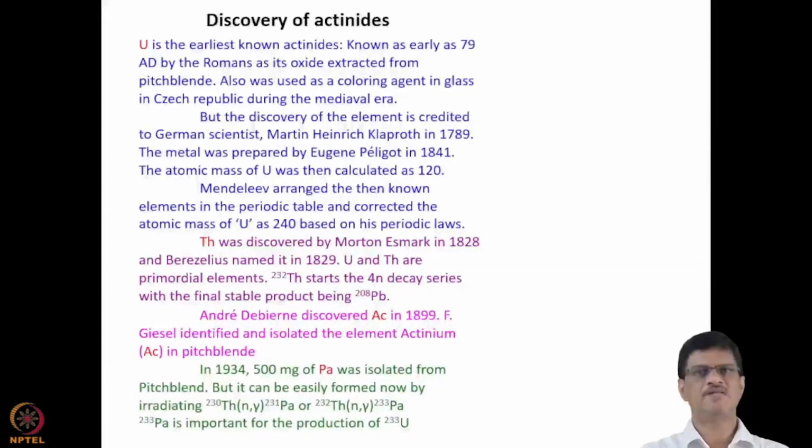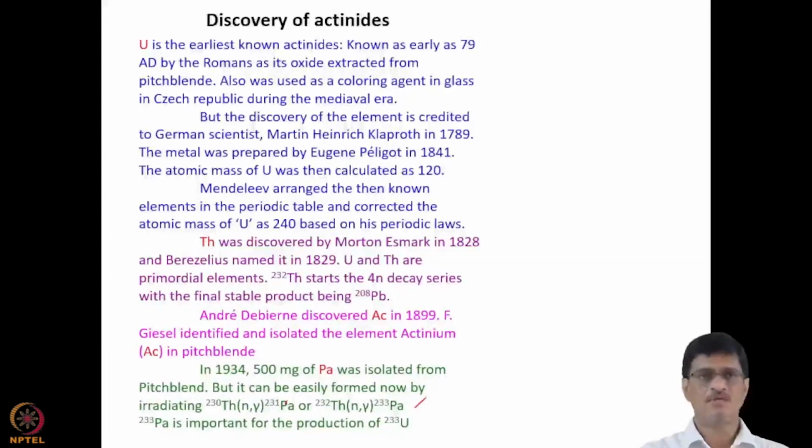Actinium was discovered in 1899 by André Debierne, and F. Giesel identified and isolated the element actinium in pitchblende. In 1934, 500 mg of protactinium was isolated from pitchblende, but it can be easily formed now by irradiating thorium-230 by an n-gamma reaction, giving protactinium-231, or thorium-232 by an n-gamma reaction, giving protactinium-233.